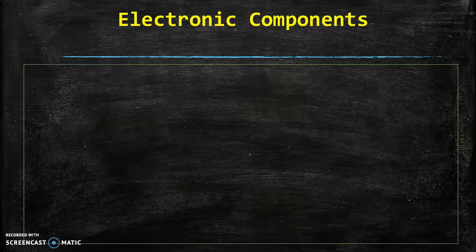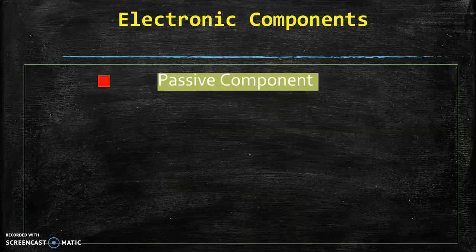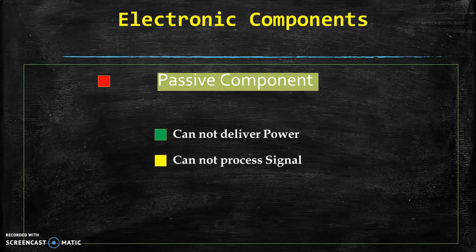If we define the difference between passive component and active component, then we can say that passive components are those components which cannot deliver the power. Passive components are those components which cannot process the signal.